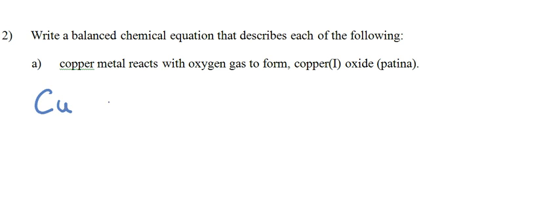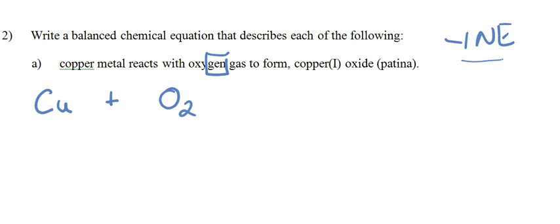Okay. Reacts with oxygen gas, which again, if it ends in gen or ine, and it's all by itself, it is diatomic. So hydrogen, nitrogen, oxygen, fluorine, chlorine, bromine, iodine.